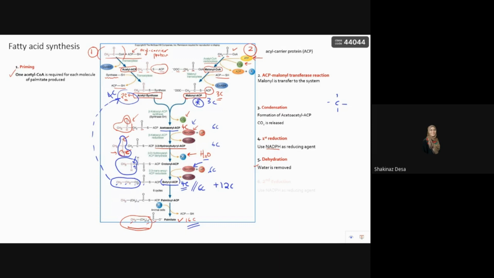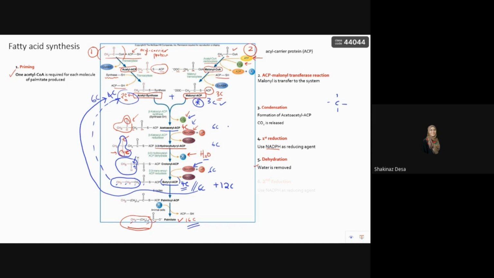Dia nak tambah CH2, CH2, CH2, CH3. So this 6 carbon akan lalui lagi the process of combining with malonyl ACP. Tadi dia dah ada 4 carbon, now dia jadi 6 carbon. So that 6 carbon plus 3 carbon jadi 9 carbon. 9 carbon minus 1 carbon from the removal of carbon dioxide.